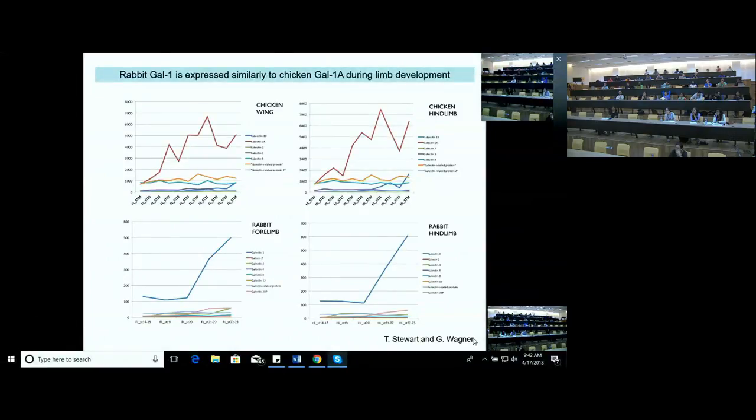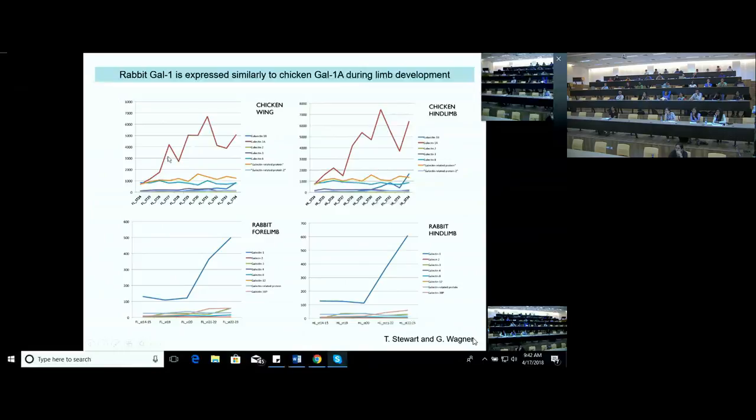Okay, now let's think about the mammals. So we know that mammals have a skeletogenic, or presumed skeletogenic, galectin-1. And here is the expression. This is data that's shared with our colleagues Tom Stewart and Gunter Wagner.